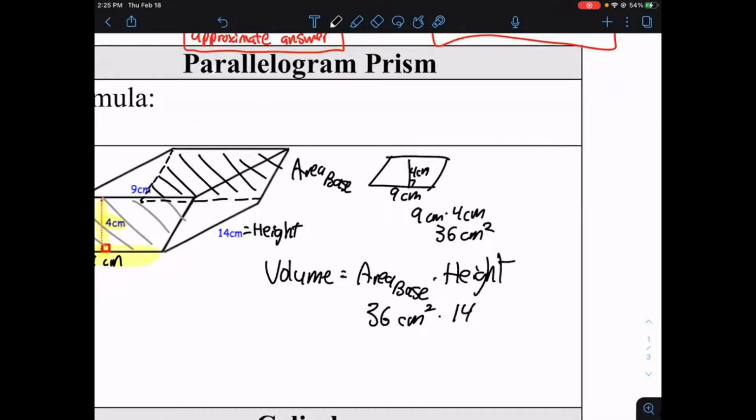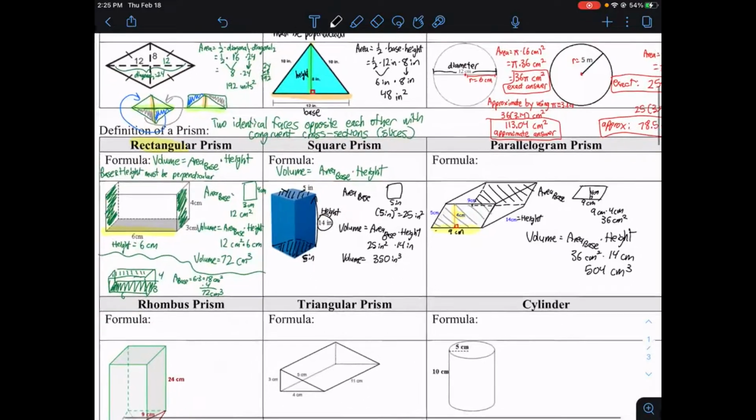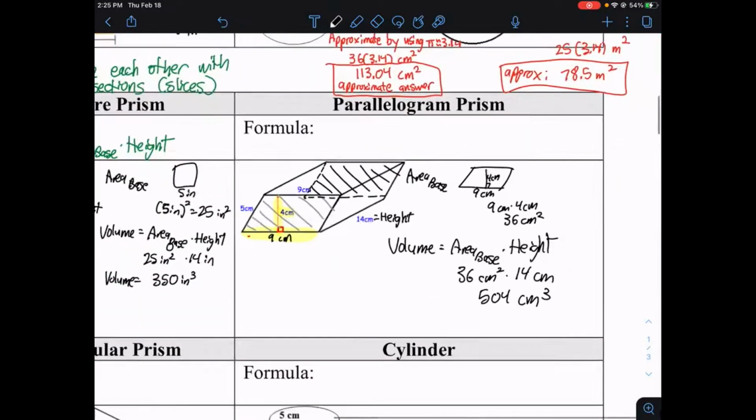Sorry, I forgot to put the squared earlier. Okay, so we have 36 times 14. Again, the formula was the same.